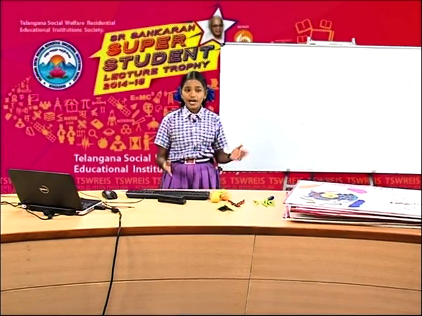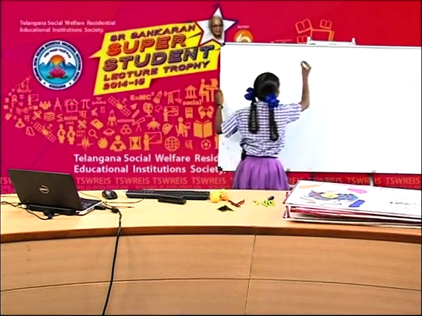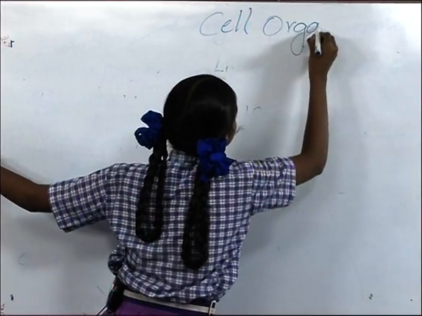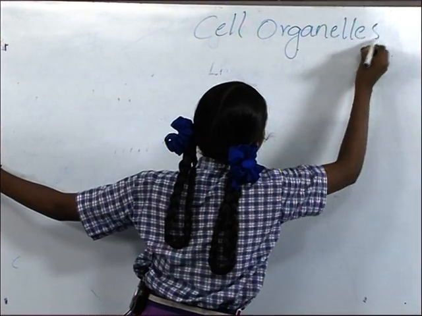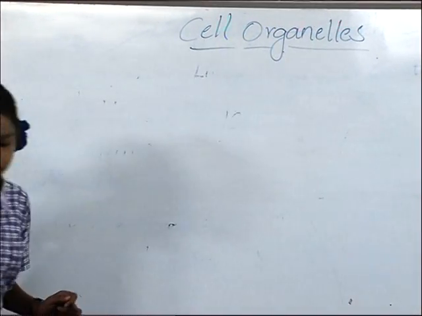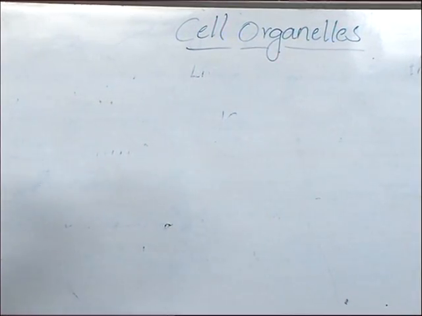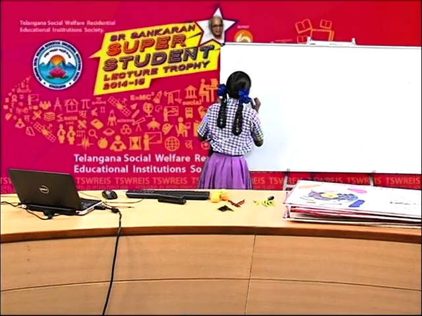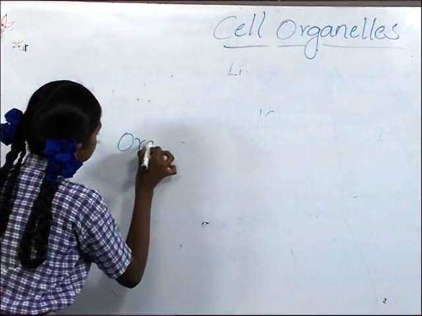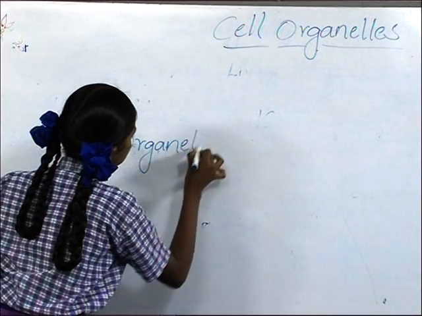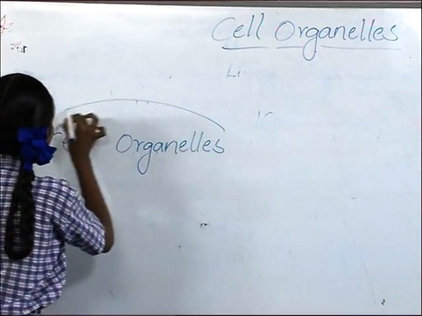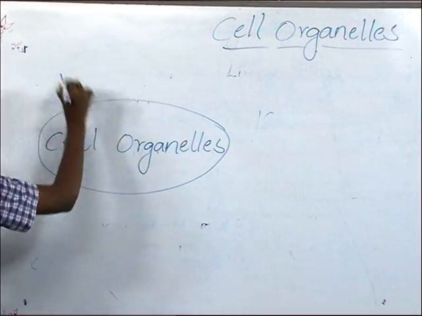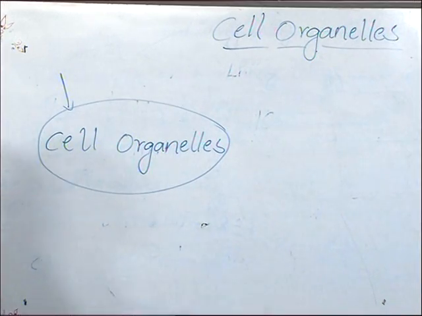So friends, here my topic is cell organelles. Okay. First I am drawing the mind map of cell organelles. First one is ER. ER means endoplasmic reticulum.